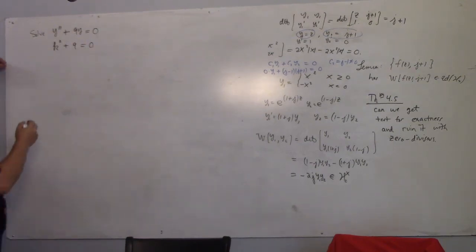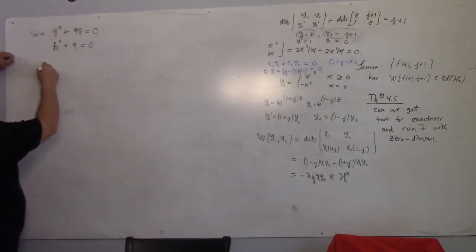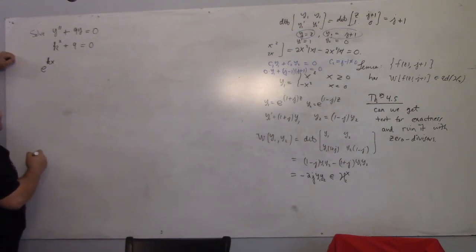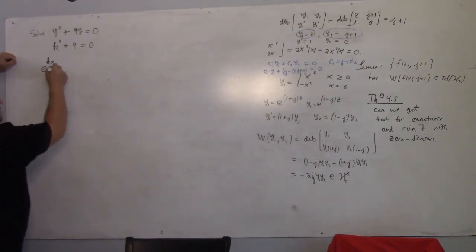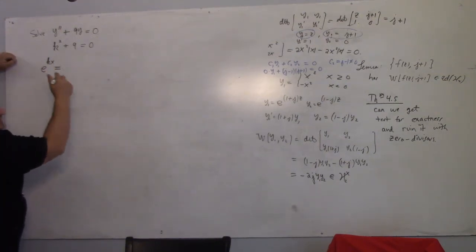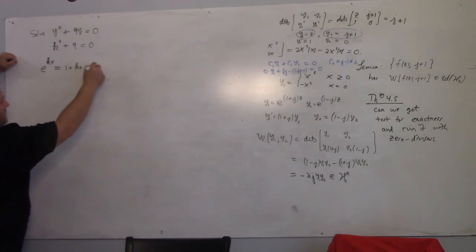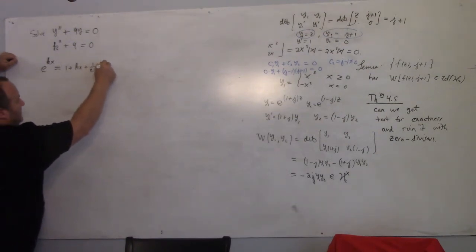Great. I want to get an imaginary 3 out of it. Then I take e to the kx, and I look at what that is. That's 1 plus kx plus 1/2 k squared x squared.